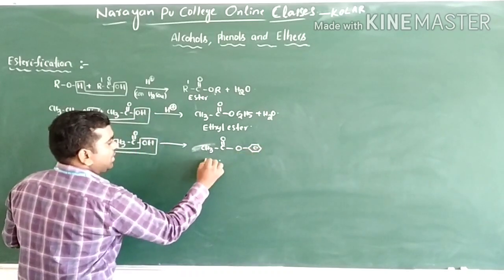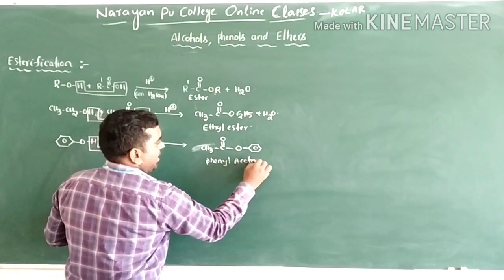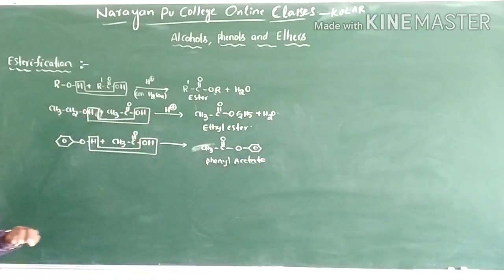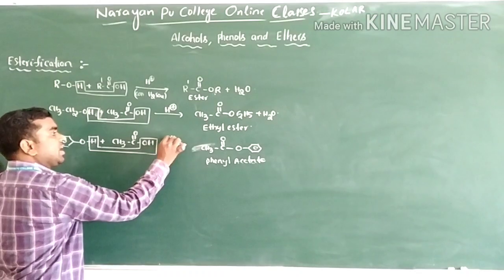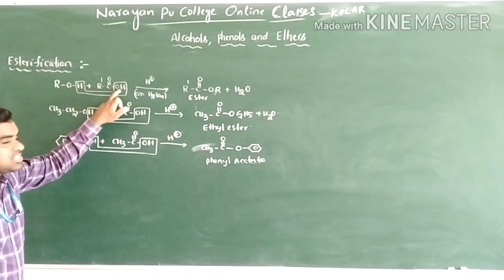And we call this phenyl acetate. Which medium do we have to maintain here? We have to maintain an acidic medium. And this reaction we call esterification. But very important here, always remove the hydrogen from the alcohol and OH from the acid.